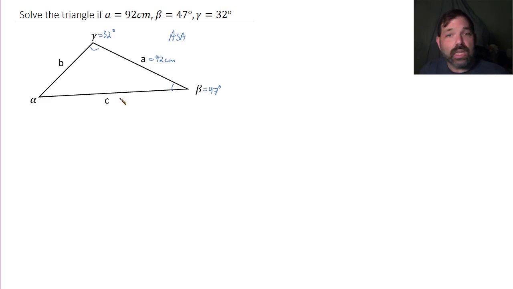Now, I can easily find alpha. The sum of the angles in the triangle is still 180 degrees, so I can easily find alpha. Let's first find the remaining angle.